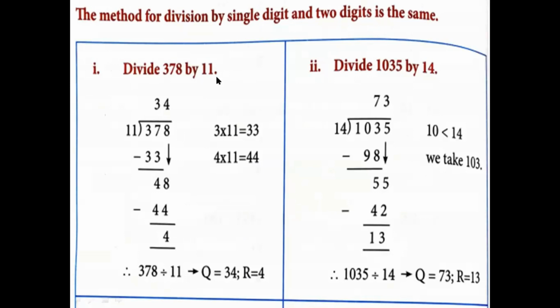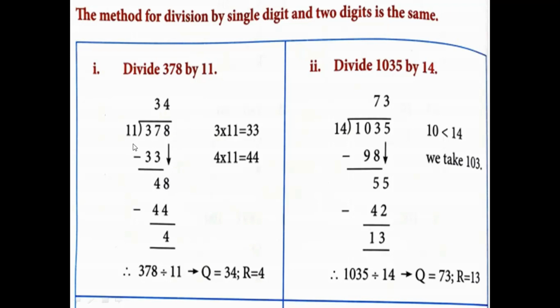The method of division by single digit and two digit is the same. For example, divide 378 by 11. 11 is divisor, 378 is dividend. 11 threes are 33. 3 in quotient place, 33 in dividend place. 37 minus 33, difference is 4. 8, write down as it is.